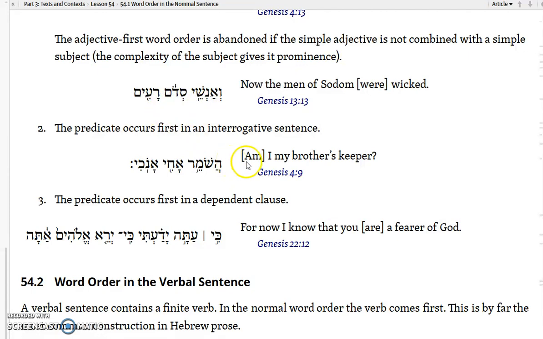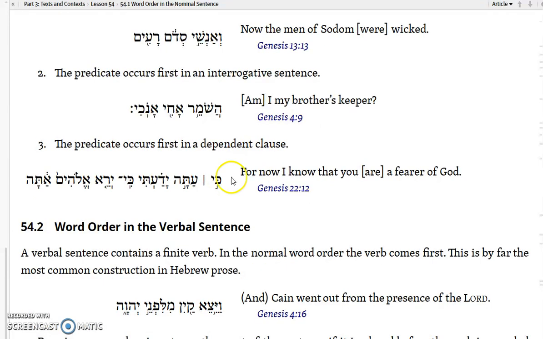Another option, the predicate occurs first in an interrogative sentence. And so here you have Cain's famous line, Hashomer achi anoki, keeper of my brother am I, my brother's keeper?